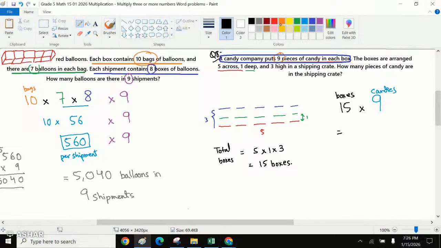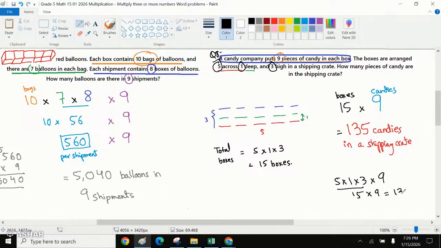9 multiplied by 15 is 135 pieces of candies in a shipping crate, right? Or the easiest way to do is you take the dimensions, you simply write 5 multiplied by 1 multiplied by 3 multiplied by 9, and it still holds as the same answer.